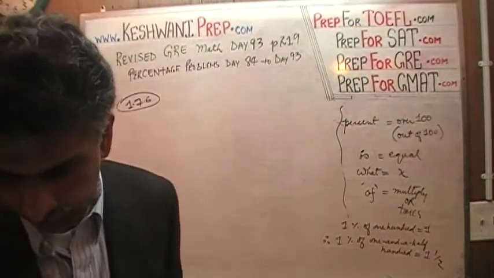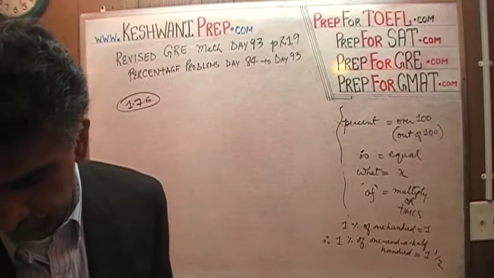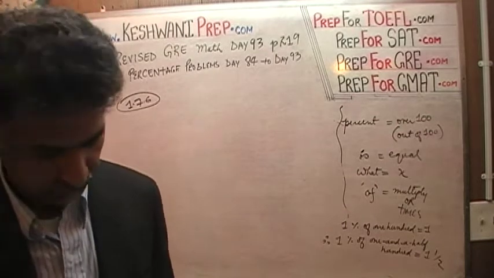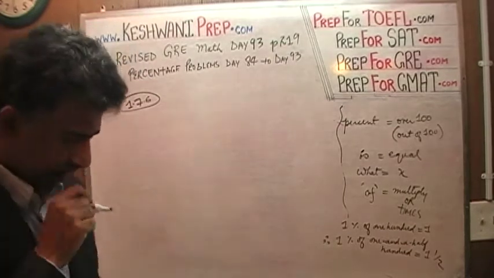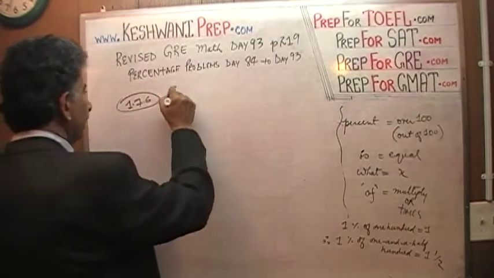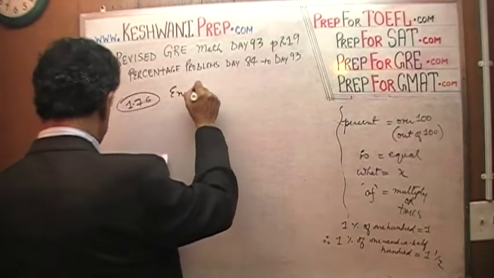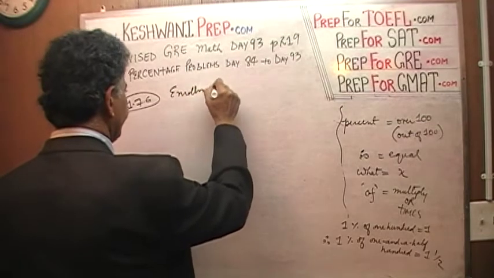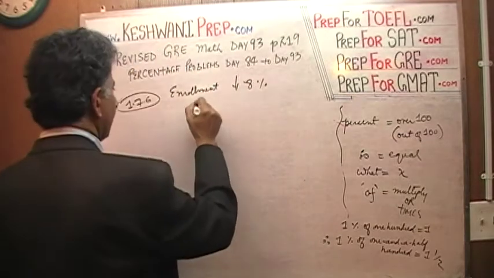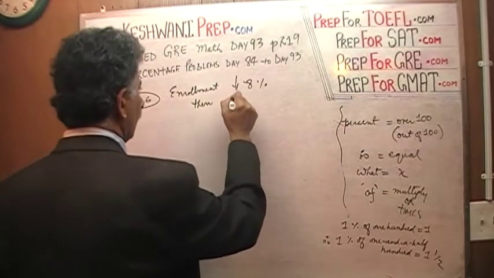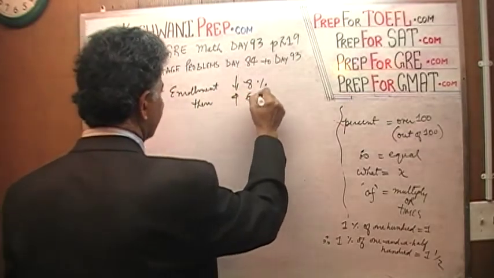It says the monthly enrollment at the preschool decreased by 8% from one month to the next. So enrollment went down by 8%, and then went up by 6%.